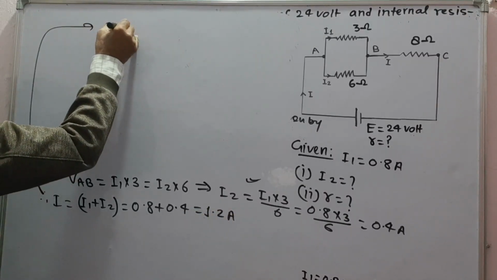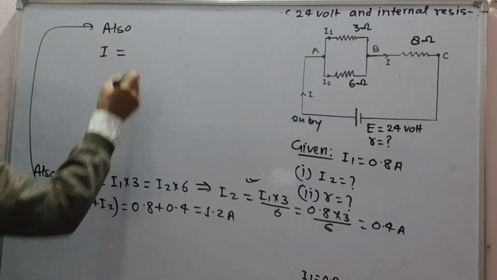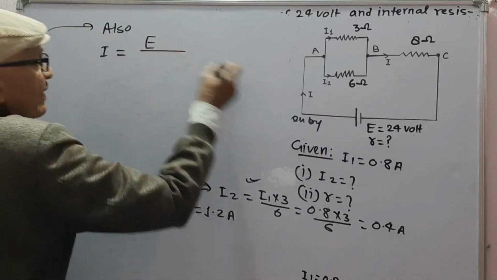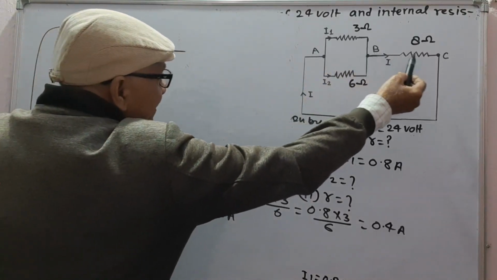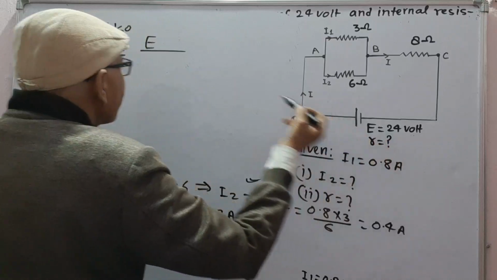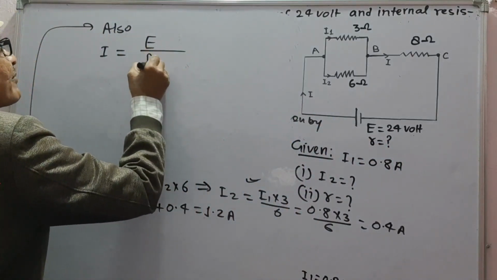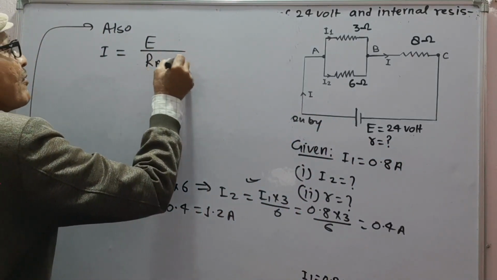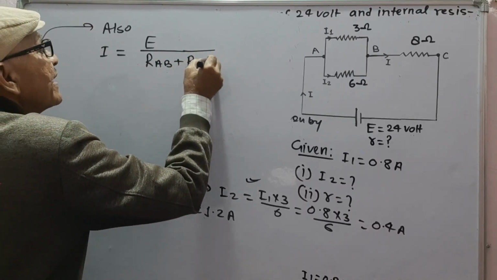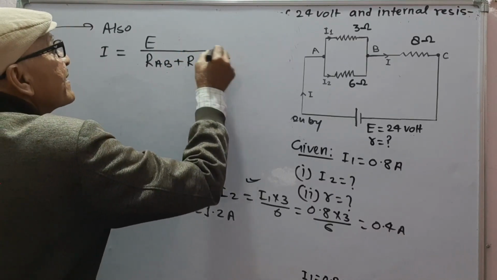Also, I is equal to E upon RAB plus 8 ohm plus internal resistance, means R between A and B plus R between B and C plus internal resistance.